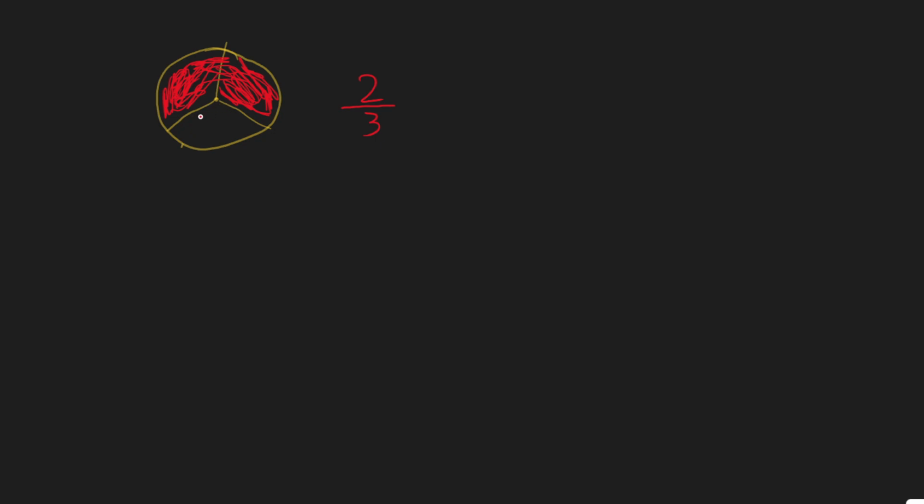And you can use a circle to do that, or you can represent the same fraction by using a rectangle. So this rectangle can be divided in 3 equal parts, and you have colored 2 parts of that rectangle.